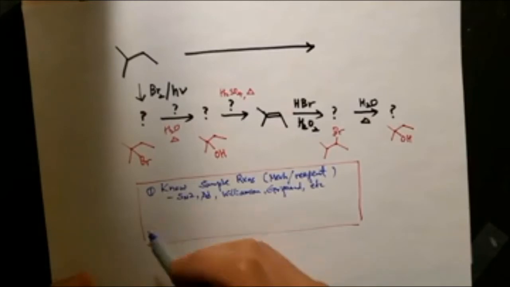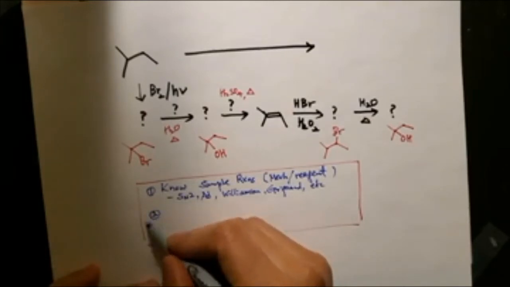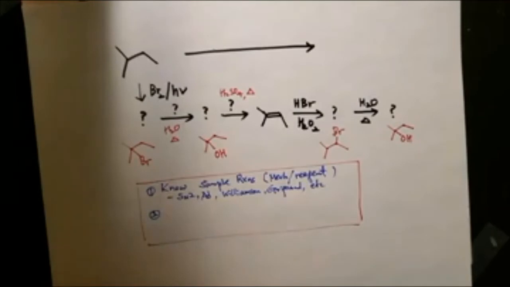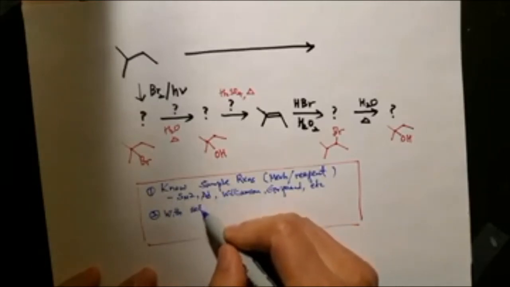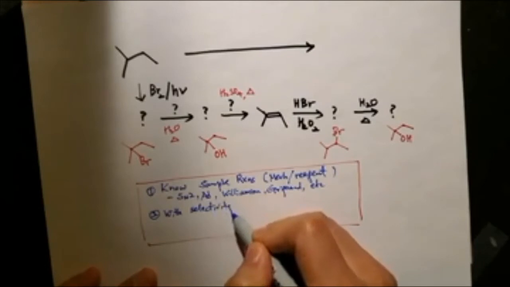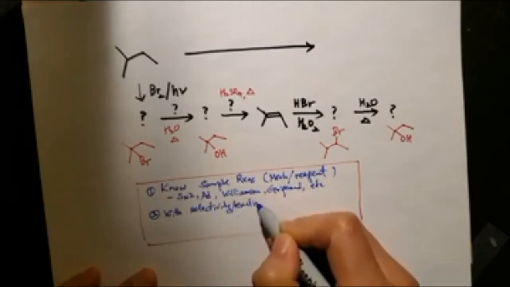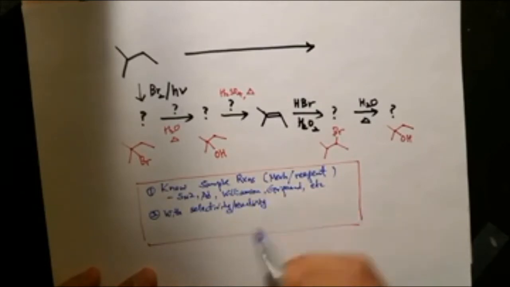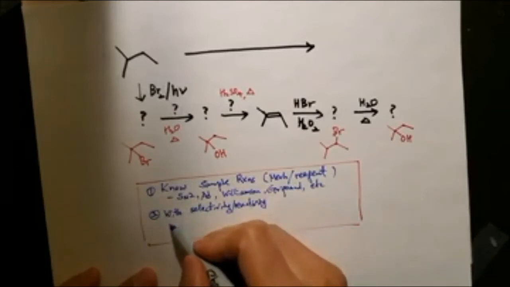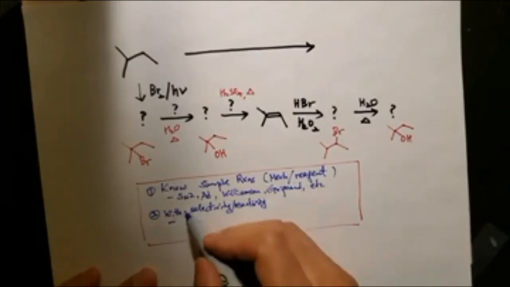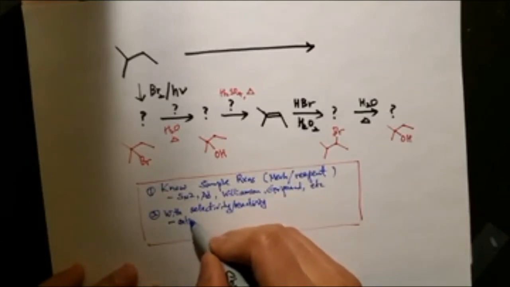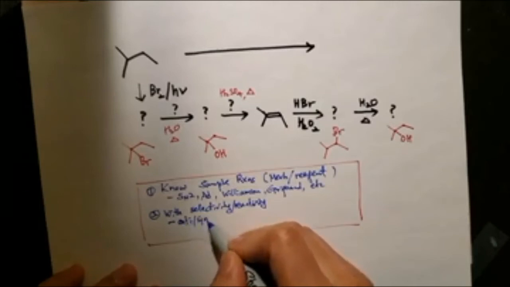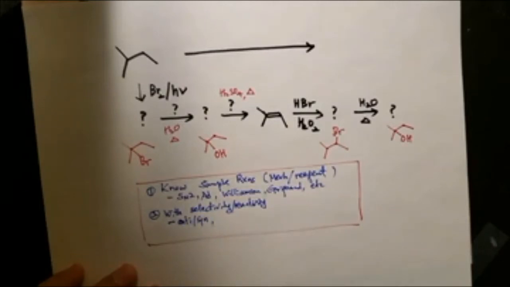Not only that, when you remember the reactions, last time in the video I asked you to know those reactions with selectivity and reactivity associated with each reaction. By that I meant, for example, whether an addition reaction was anti-addition or syn addition.